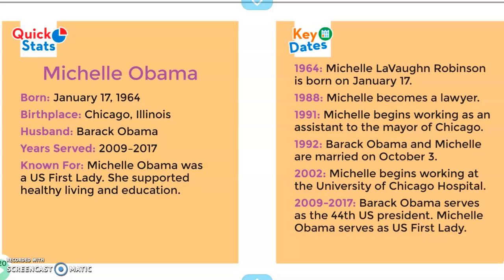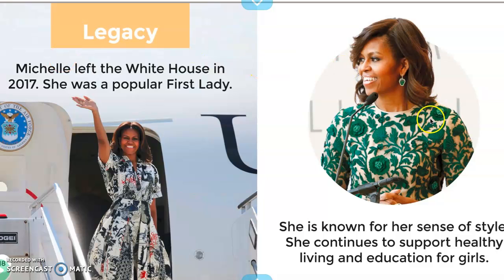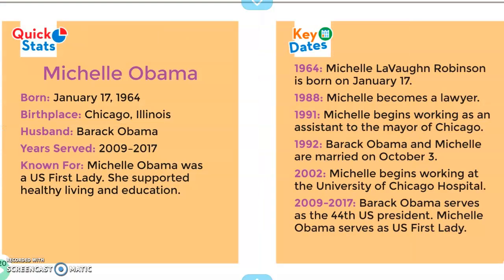And in the back of the story, right behind where they talk about her legacy, they have this whole section at the end that gives some quick stats about her, her birthplace, where she was born, things like that. But they also give a really nice timeline over here. So if you find a book that also has a list of the key dates, you could use that to help you to make your timeline today.